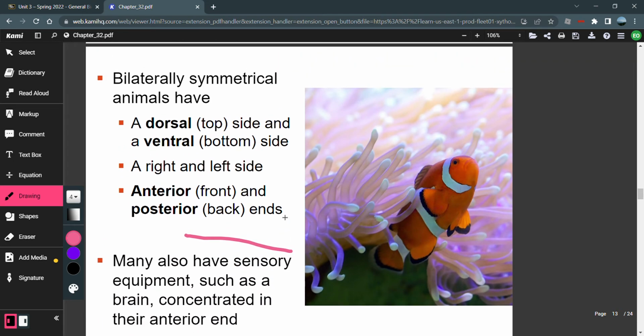Bilaterally symmetrical animals have a dorsal top side and a bottom side, a left and right, and front and back. They also have sensory equipment such as a brain and nerves concentrated in the anterior end. This is either called a ganglia or a brain.